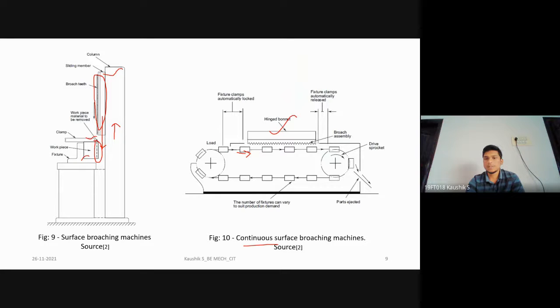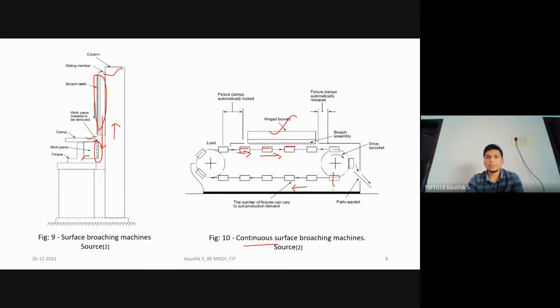These workpieces move along the conveyor from left to right, and their top surfaces are broached. Once the broaching is finished, they are let out, and new workpieces are loaded onto the conveyor, which moves from right to left.